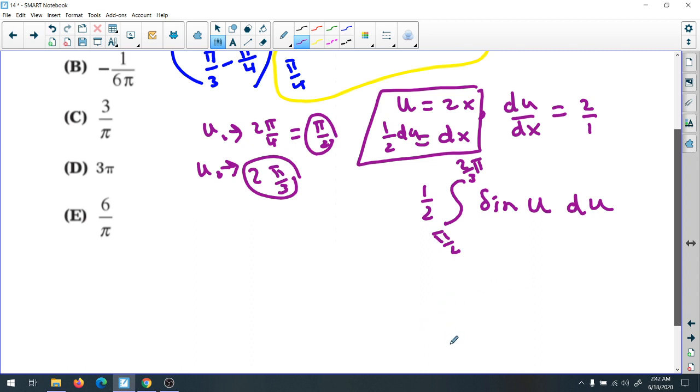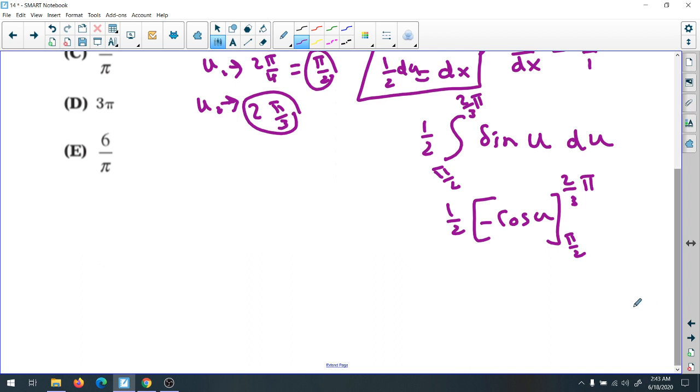Now we could integrate. The integration of sine u is negative cosine u, with the new bounds from pi over 2 to 2/3 pi. And we still have a half outside.